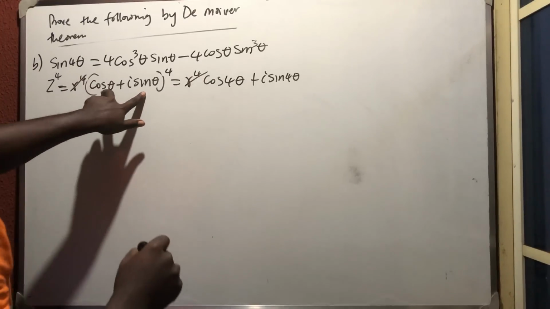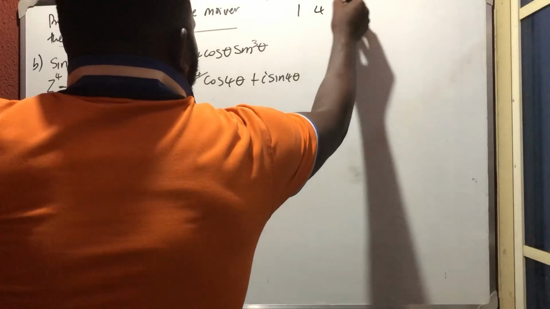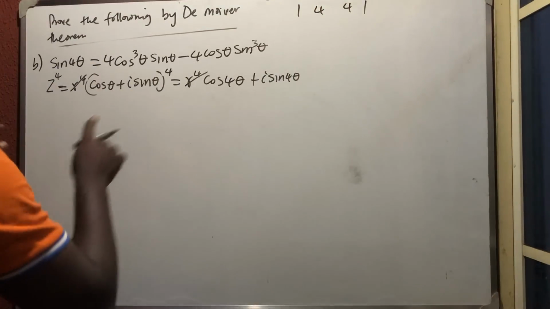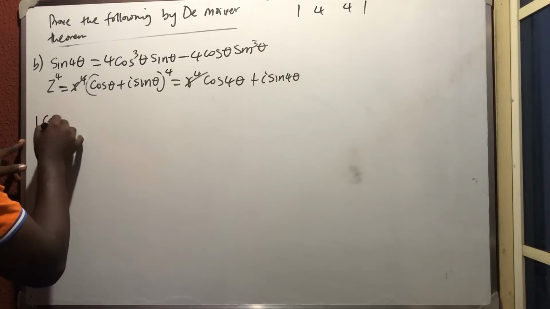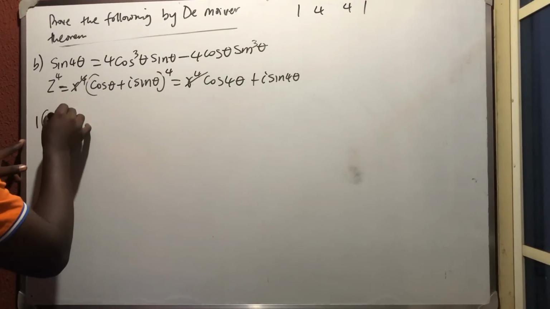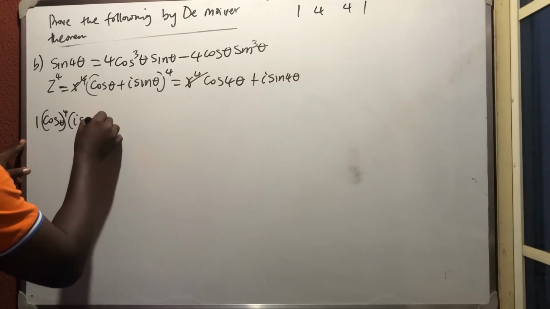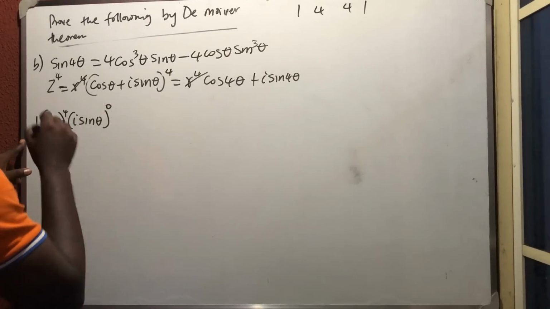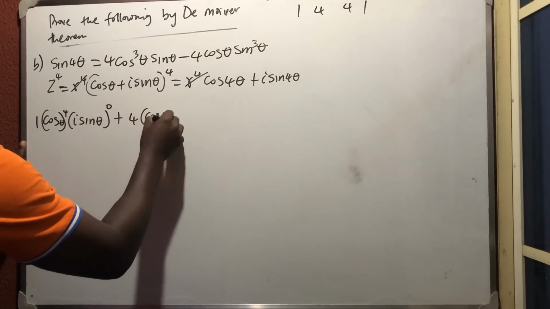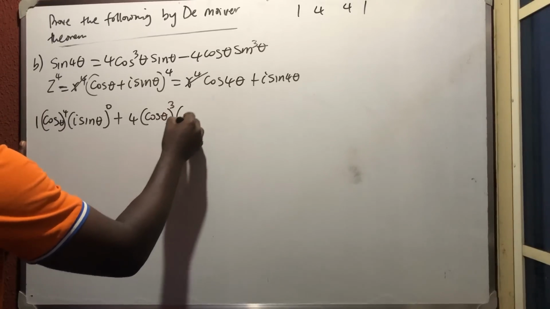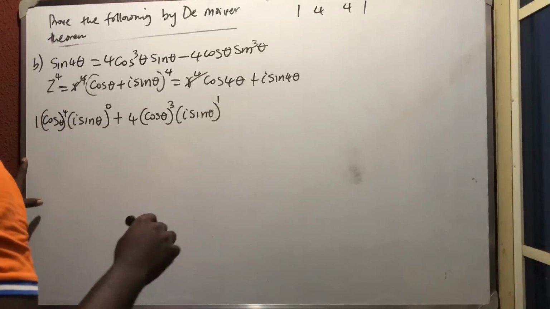So let us expand this one by the same Pascal's triangle. Don't forget 1, 4, 6, 4, 1. So let's do the same thing again. 1 cos theta raised to power 4 and I sine theta raised to power 0, plus the next one, 4 in bracket, cos theta will now be raised to power 3 and I sine theta raised to power 1.